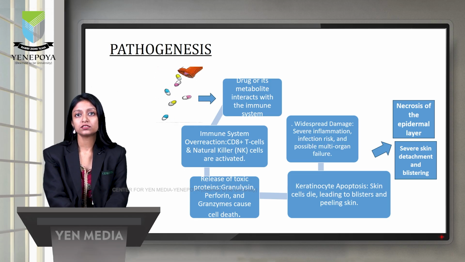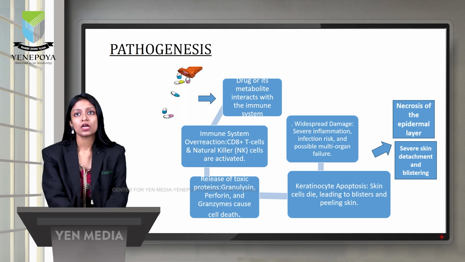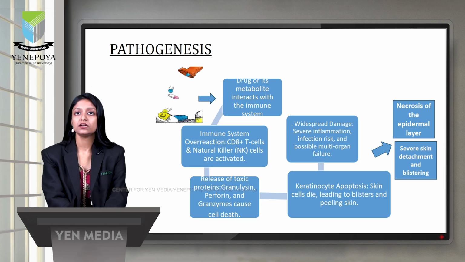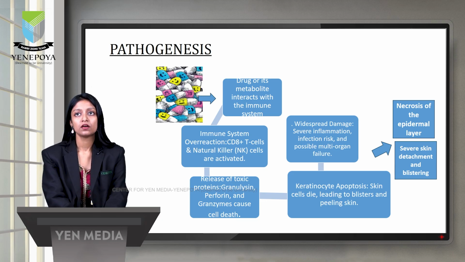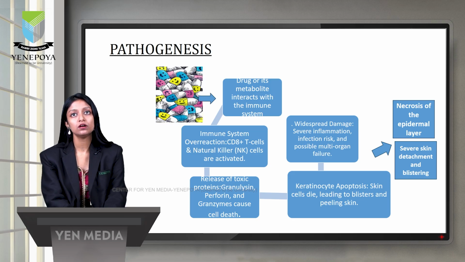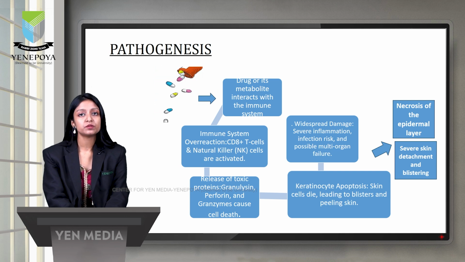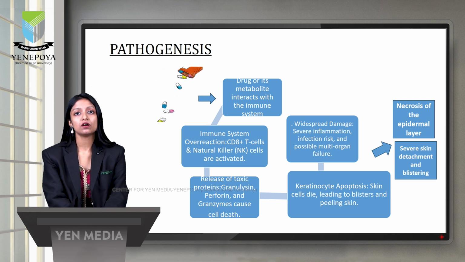After this, it will lead to keratinocyte apoptosis, which leads to skin cell death. It basically means necrosis of the epidermal layer of the skin, and there will be severe skin detachment, which will ultimately lead to blisters. Ultimately it can lead to widespread damage, severe inflammation, infection risk, and possible multi-organ failure.